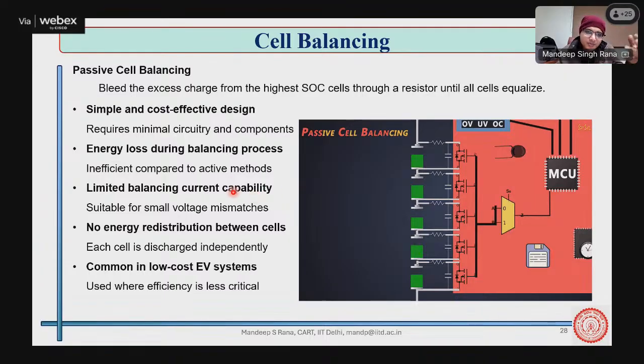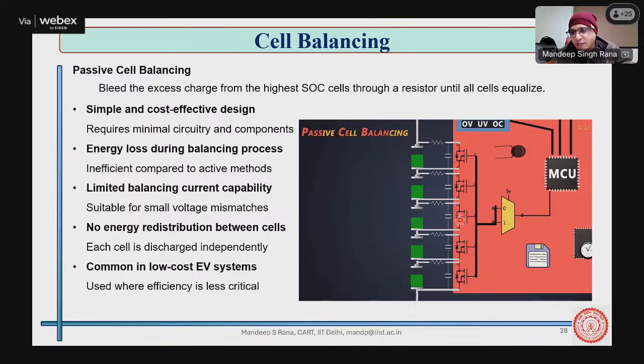It has various problems also, but it is very simple to implement. It has one problem: you are losing the energy, so it gets heated up, but the major problem is that you are reducing the efficiency. Another thing is that it has limited current capacity.